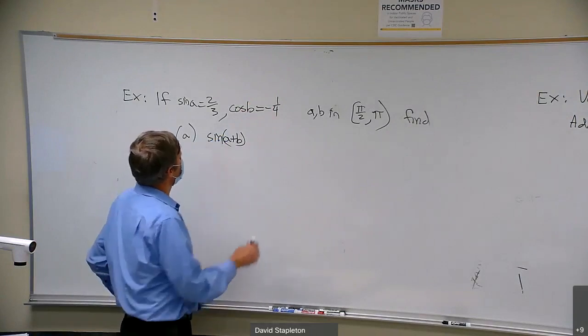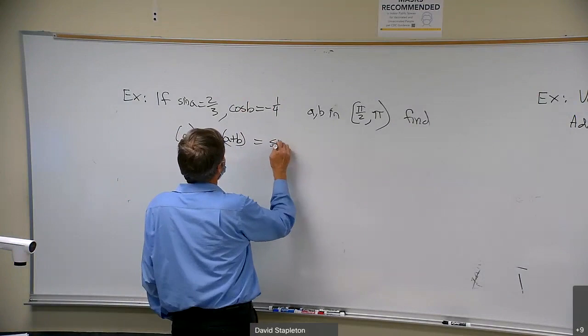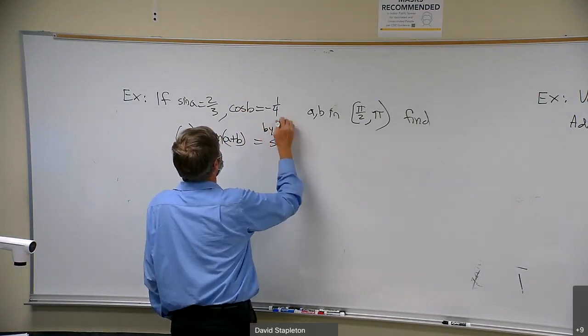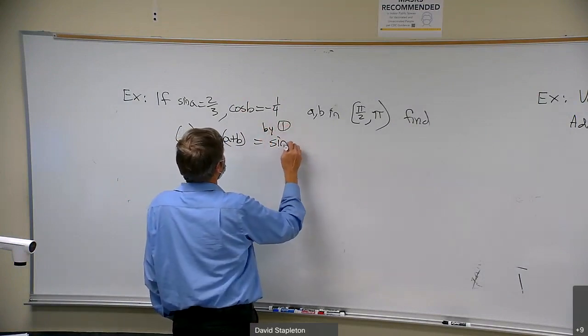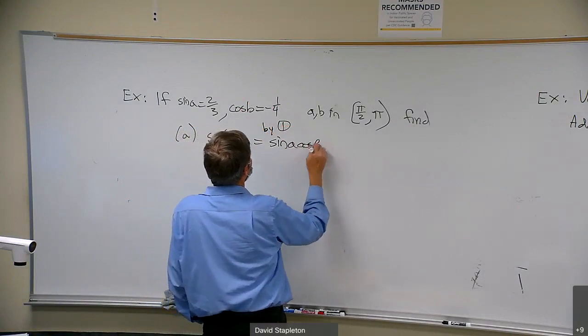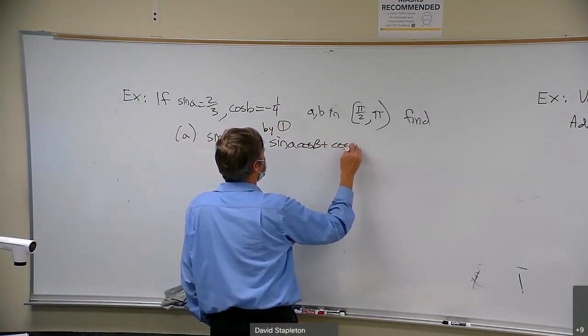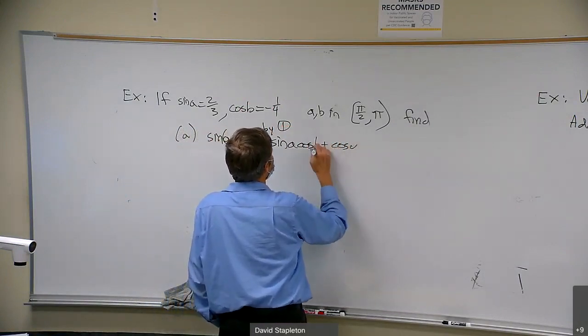Whenever you see a sine or cosine of a sum, just immediately write the formula. Say by formula 1, sine of the sum is sine cosine plus cosine sine, right? Putting in alpha and beta.